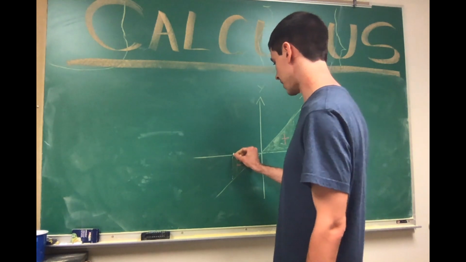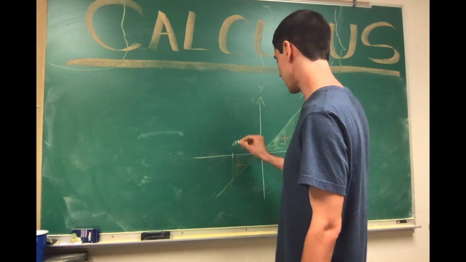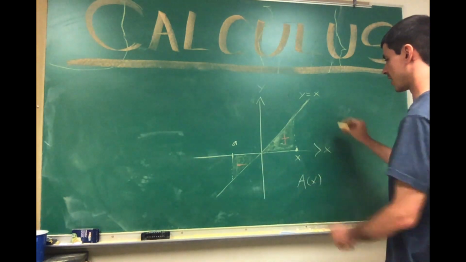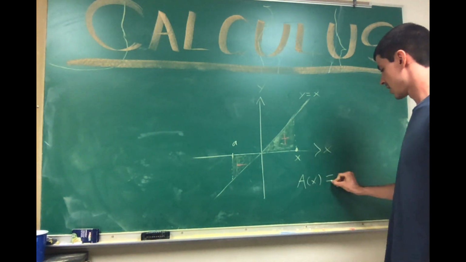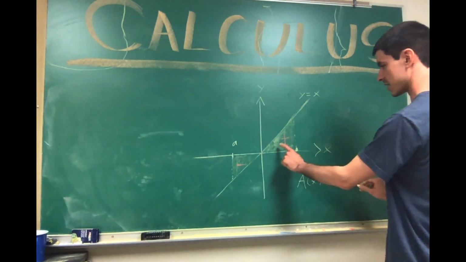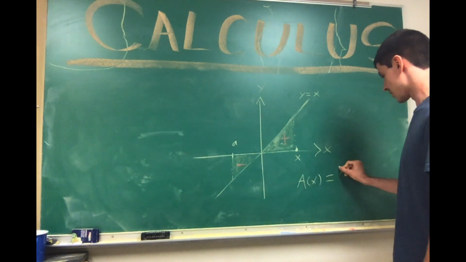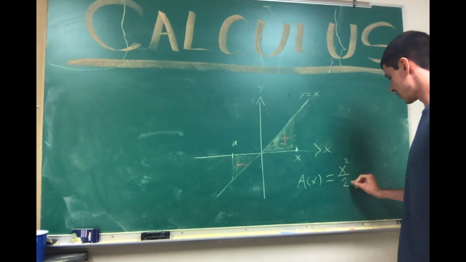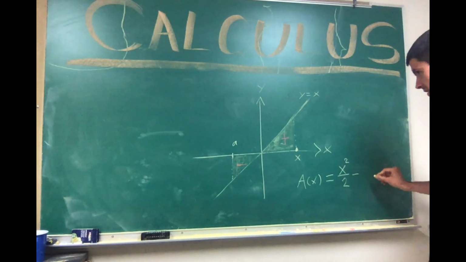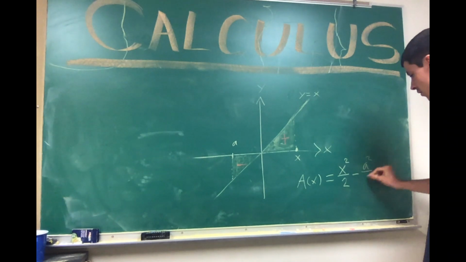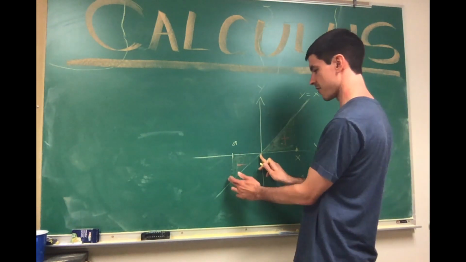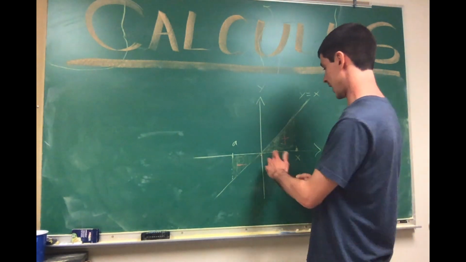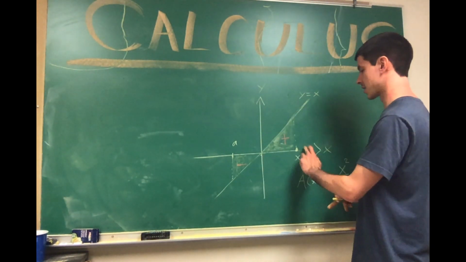So let's call this value x equals a. This area under the curve here, A of x, we interpret to be the positive area minus the negative area. It's going to be x squared over 2 minus a squared over 2. The area of this negative triangle is a squared over 2, and the area of this positive triangle is x squared over 2.